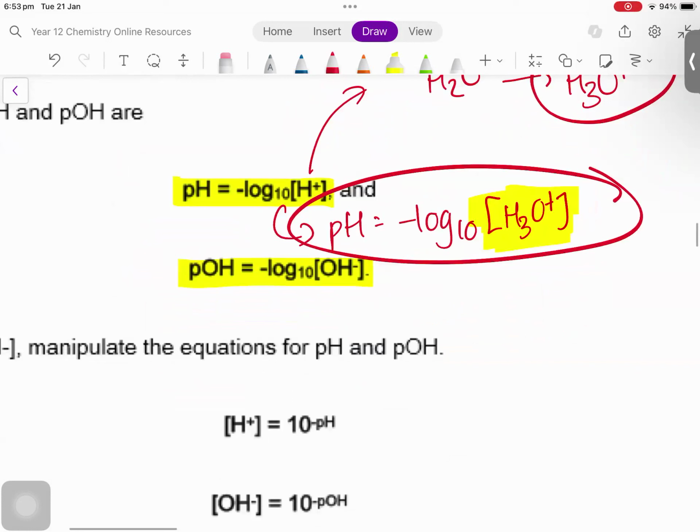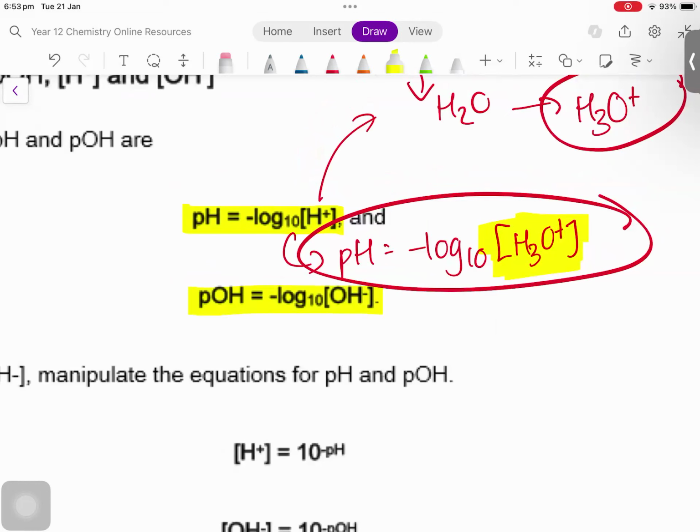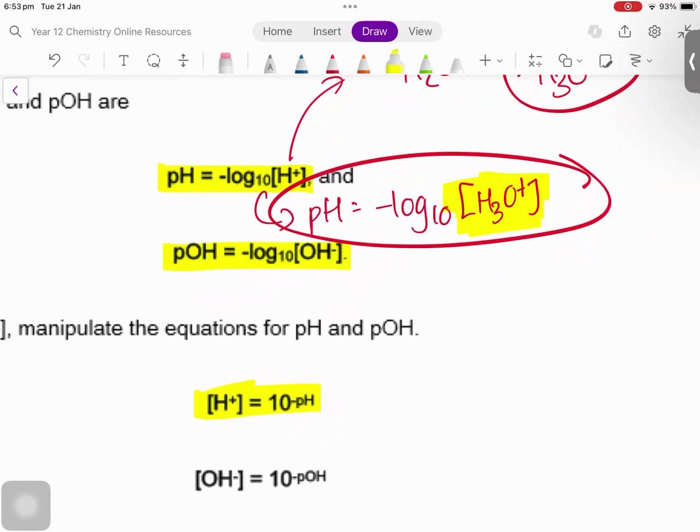If you rearrange this, it's just rearranging the equation from maths. So if pH is negative log base 10 of H plus, then H plus is 10 to the power of minus pH. If you are curious, go ask your maths teacher.